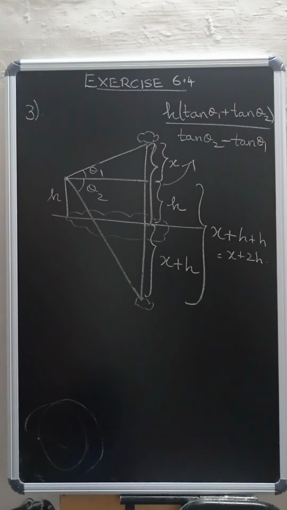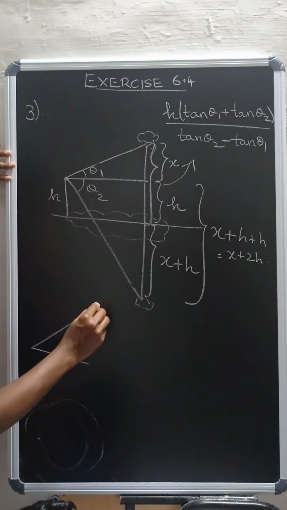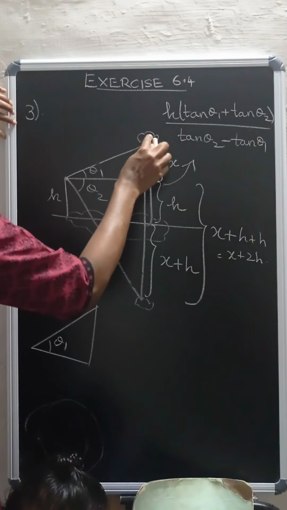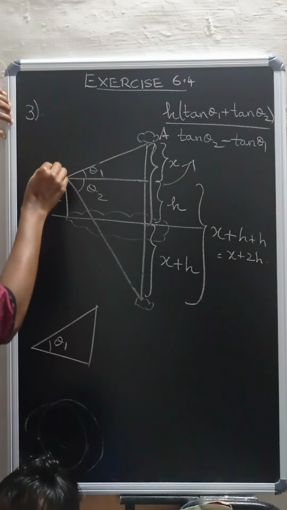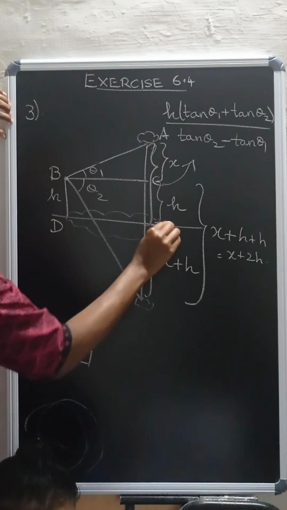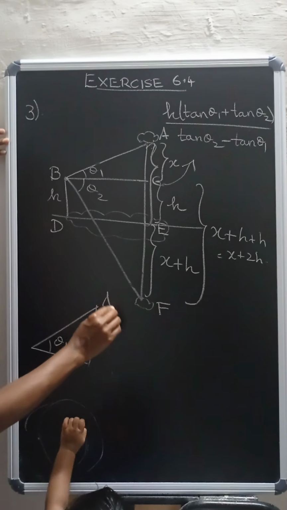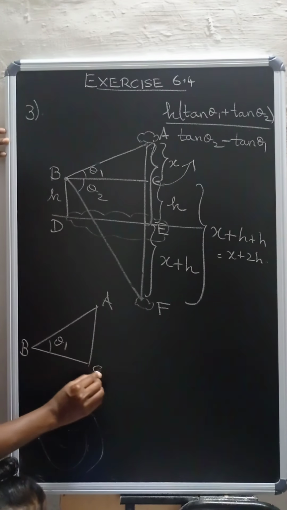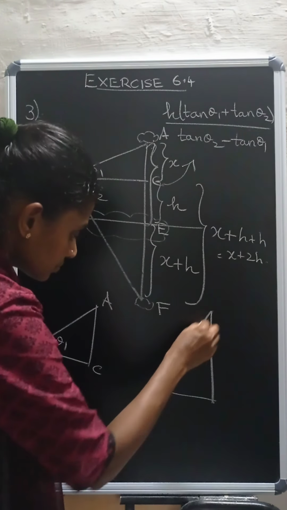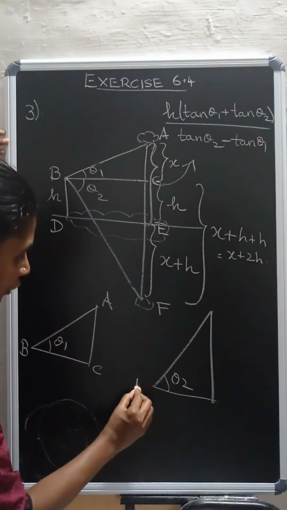Clear? Now I am going to split this into two triangles. Here you have angle theta 1, but before that we finish the naming A, B, C, D, E and F so that we can draw it accordingly. Now I am going to take triangle ABC and triangle BCF, where I have theta 2.